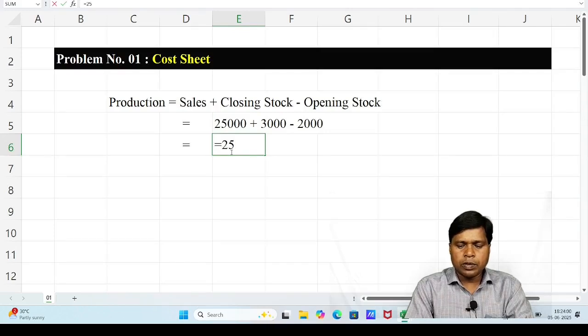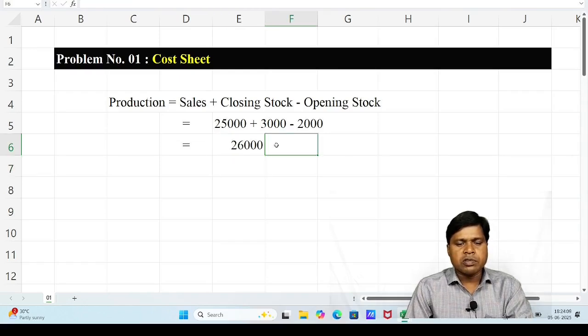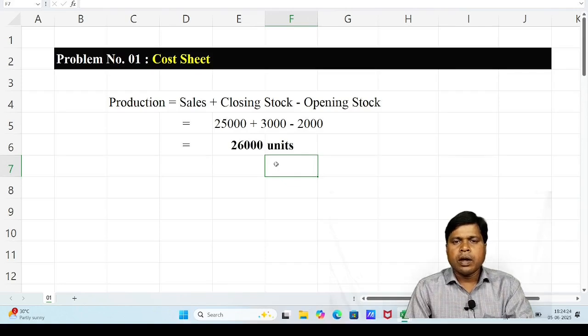Total of 25,000 plus 3000 minus 2000 is 26,000. So this is the production. 26,000 units are produced during the year, and after production we can start our cost sheet.